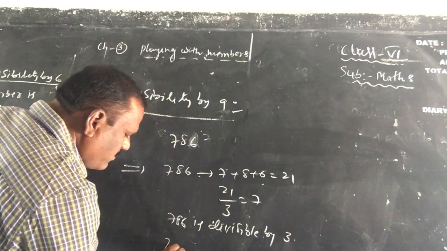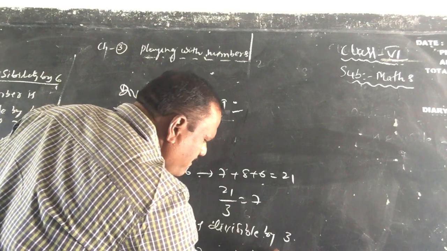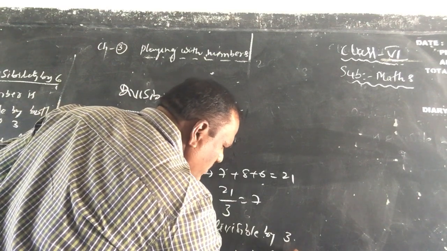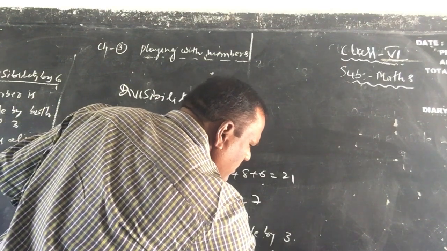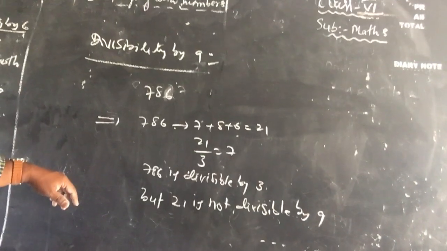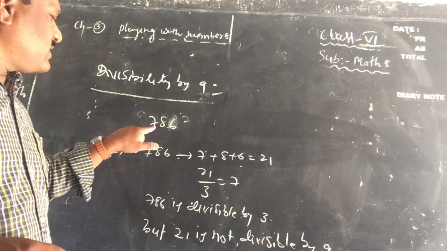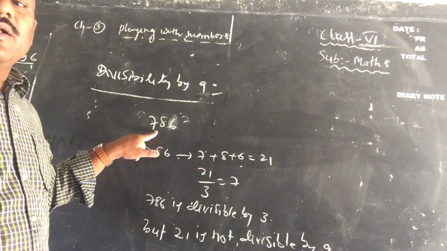But 21 is not divisible by 9. So the given number 786 is divisible by 3 but not 9.